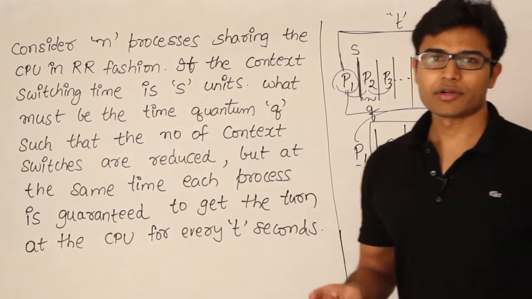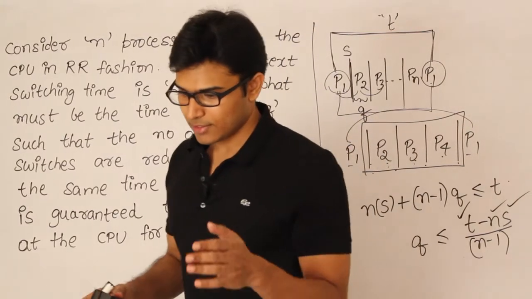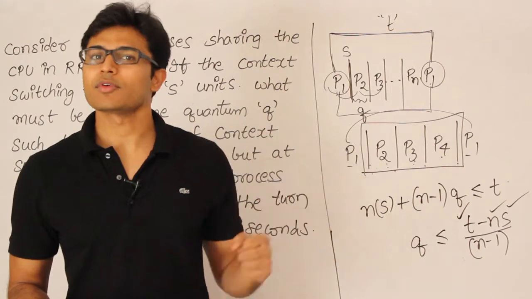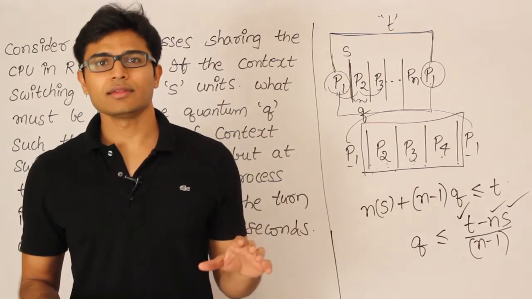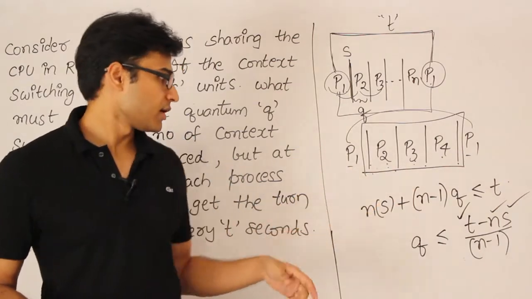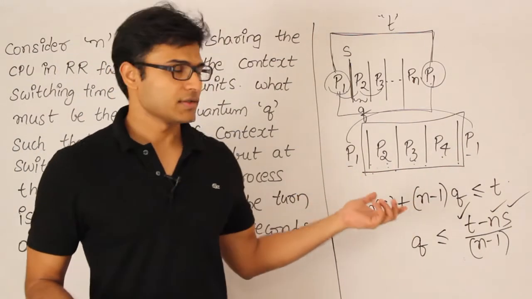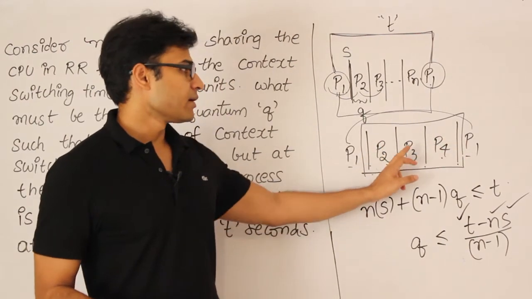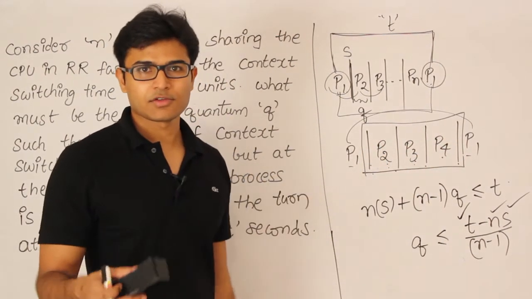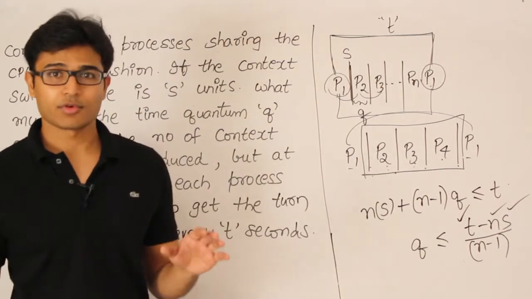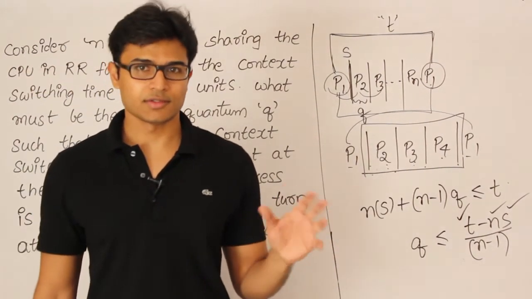Got it? So how did I solve it? Assuming that the same process has to be scheduled after some particular amount of time, I think that the total time elapsed has to be less than or equal to t. Before any process gets executed again, n context switches have to happen, and then n minus 1 processes have to be executed in the middle, if all the processes are available at the CPU.